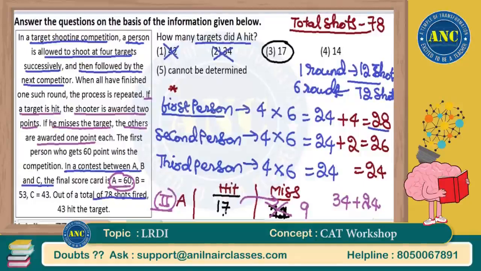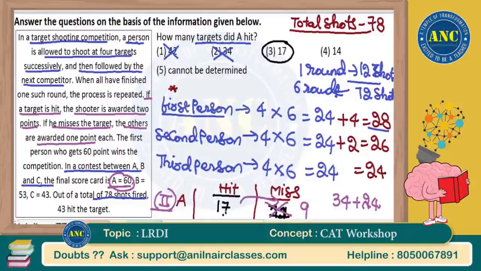You are taking 78 with 24, 24, 4 and 2. Suppose, see here, there are three people A, B and C. C can get 2 points at the beginning, not because he has hit the target, but because A and B missed the target. So A can win the match not only if it is 24, 24, 24, 4, 2.